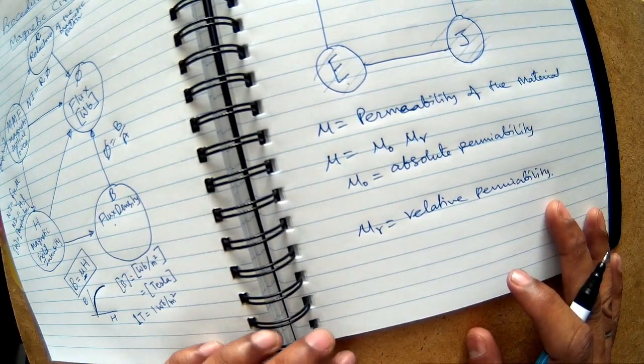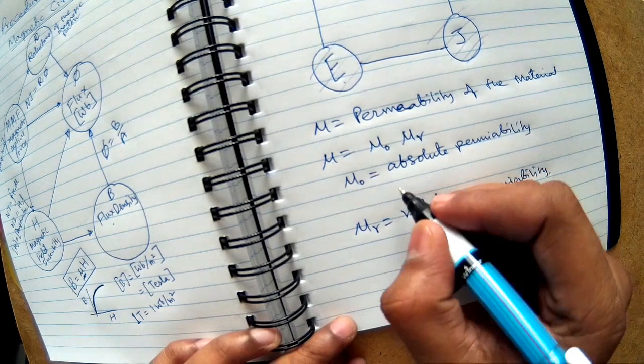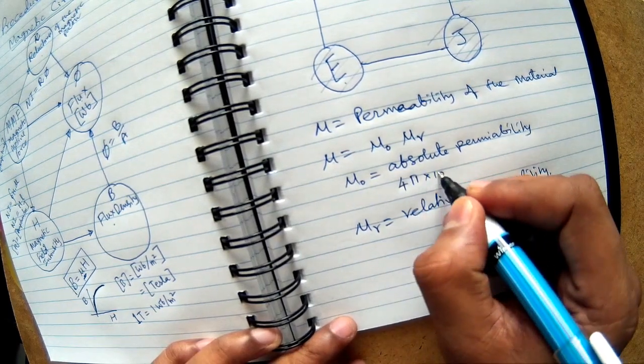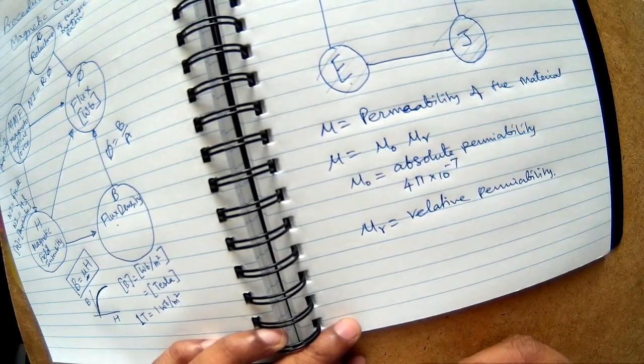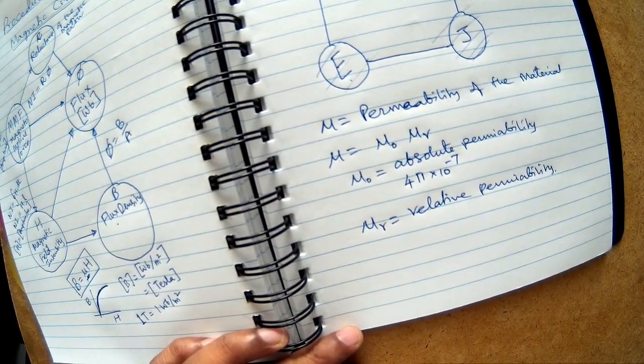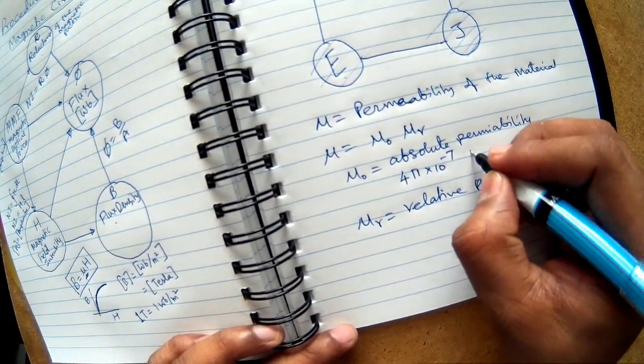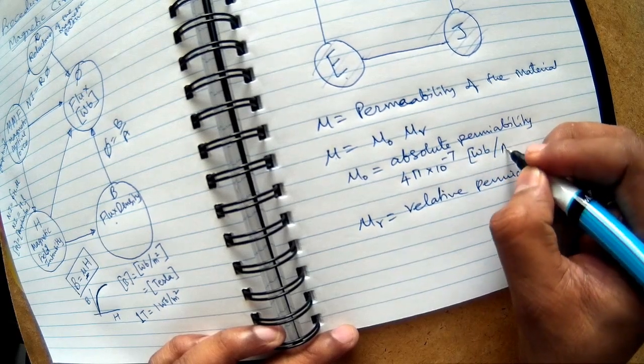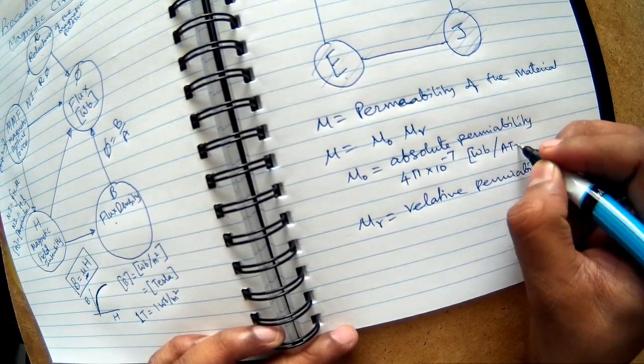Okay, so what is the value of absolute permeability? It is 4 pi into 10 to the power of minus 7. So this is a constant. I think the unit of this quantity is Webers per ampere turn meter.